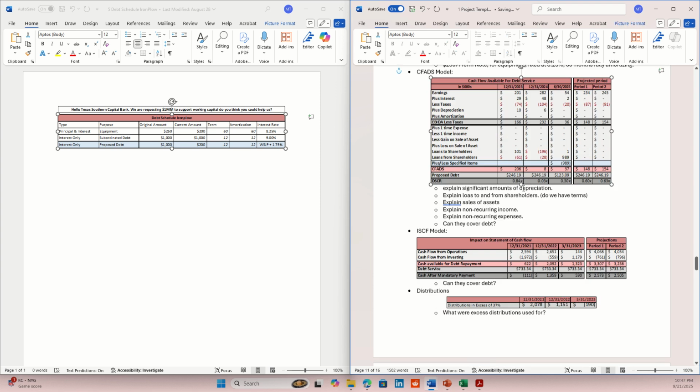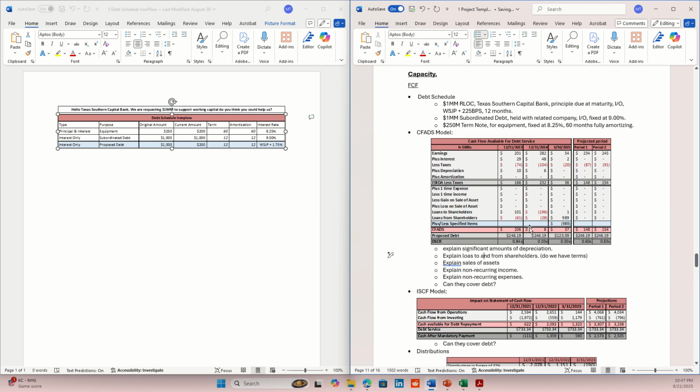Okay, and now onto the cash flow model. Explain significant amounts of depreciation. So my customer does not have significant amounts of depreciation, but let's say they did have a significant amount of depreciation in 2024. What we'll say is the customer depreciated, let's say, $1 million in fiscal year 2024.